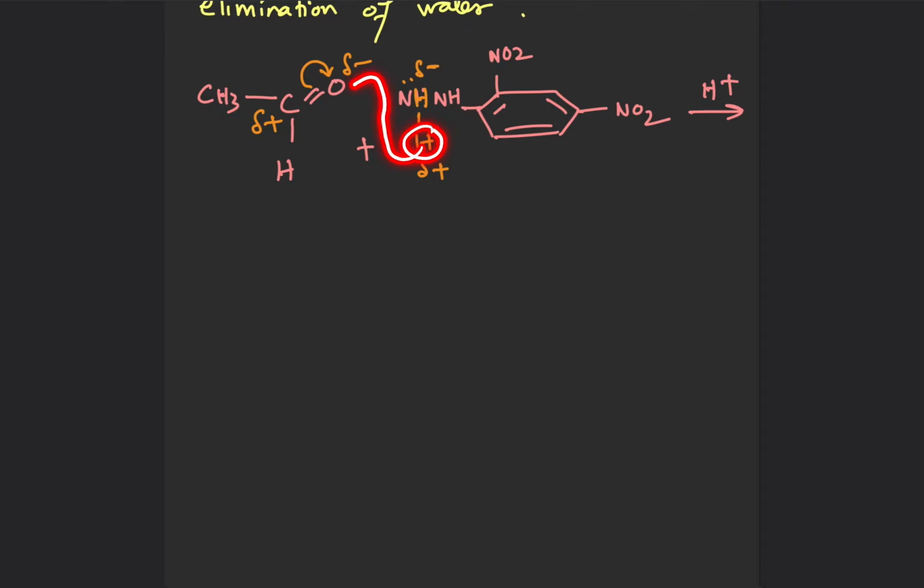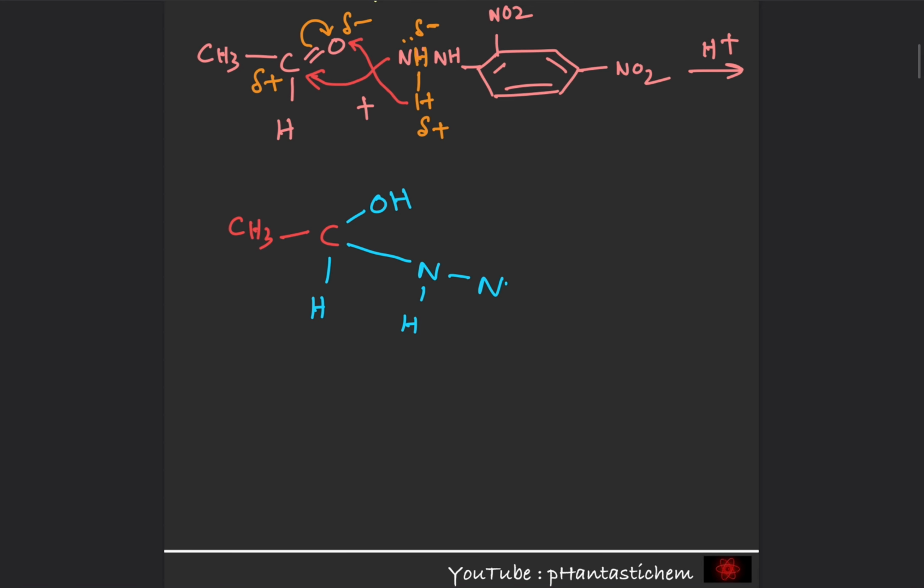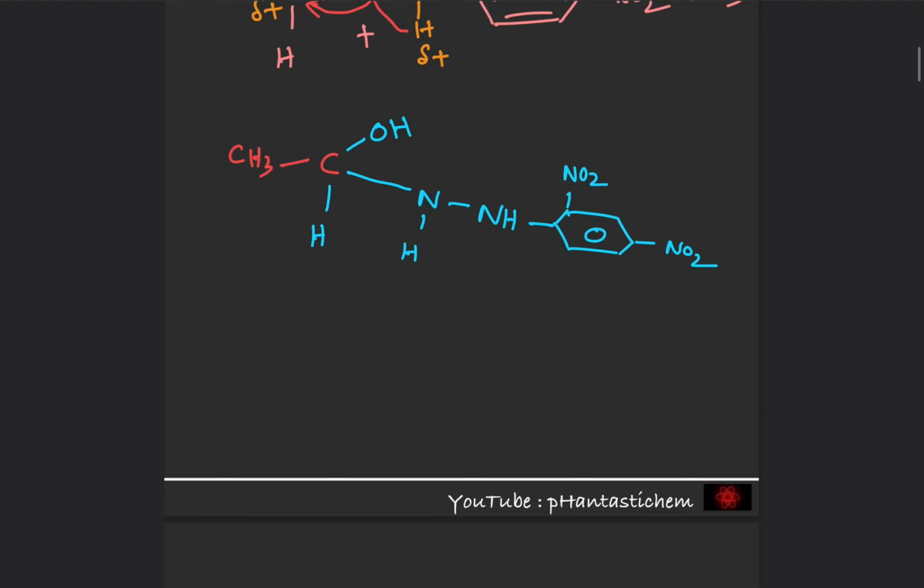This hydrogen is given to this O. This lone pair makes a bond with this C. So we ultimately get CH3COH with one H, and the new bond between C and N, which has one H, connected to NH, which is connected to the benzene ring with NO2 and NO2. It will also result in loss of a water molecule, OH from here and H from there.